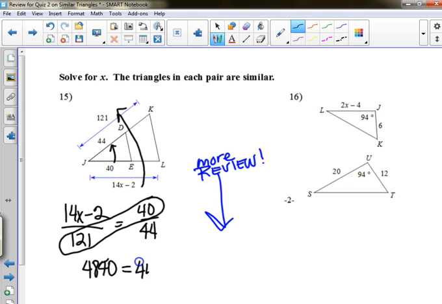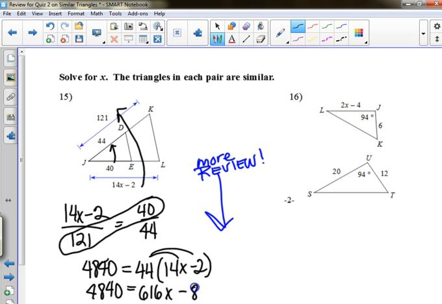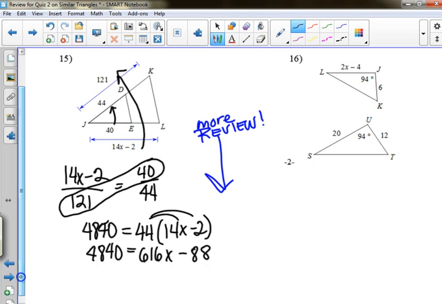And the other way, I have 44 times 14x minus 2. 4840 equals 44 times 14, which is 616x minus 88. They're painfully large numbers.